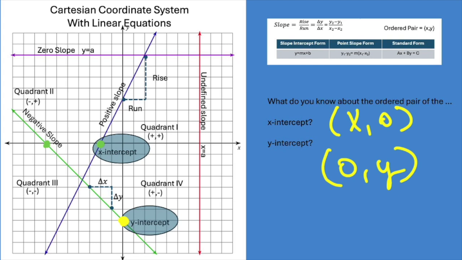Did they say, I'm going to make a rule, 0 is going to be in the y place, just so I can confuse them and be opposite? I'm going to tell you they didn't. It's just how the world works. When you have an x-intercept, it's a 0 for the y. When you have a y-intercept, it's a 0 for the x. No one is trying to make your life terrible. It's just the way life works.